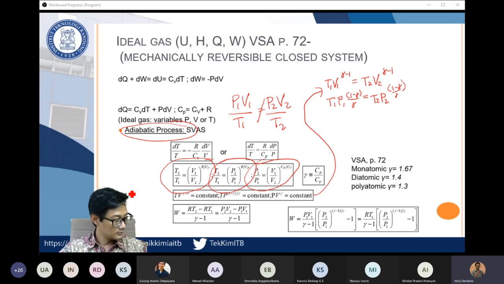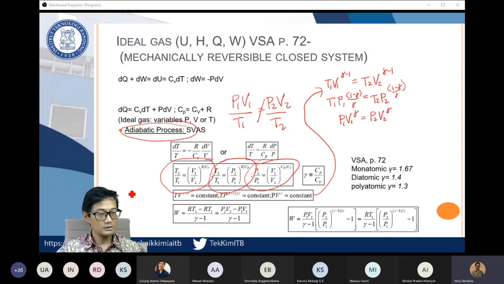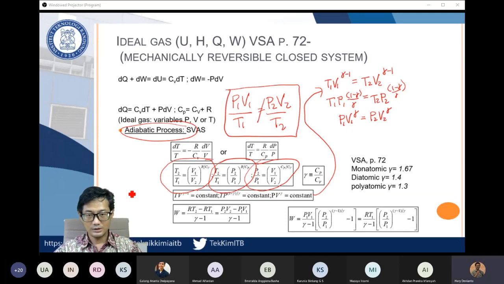Or the last one is P1 V1^gamma equal to P2 V2^gamma. So we need to use this relation. We cannot use this one. Okay? So please remember about this condition.